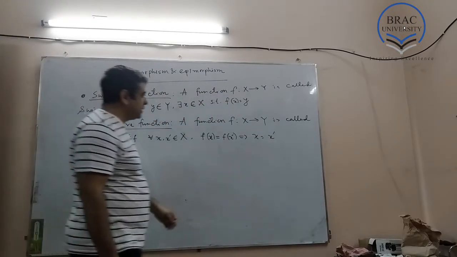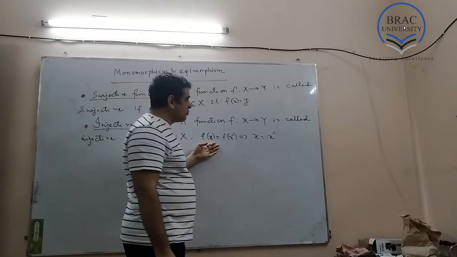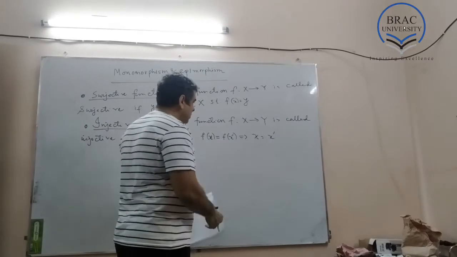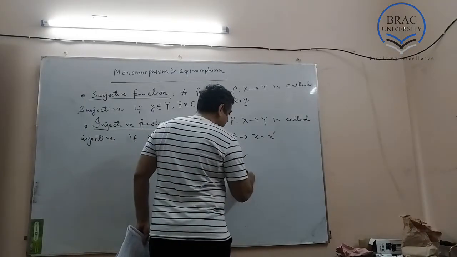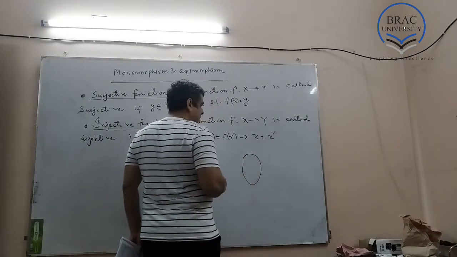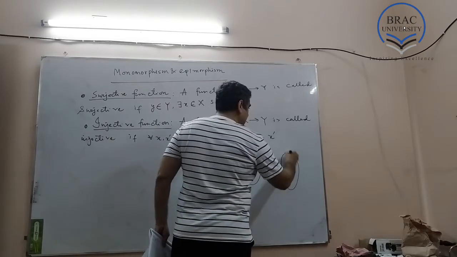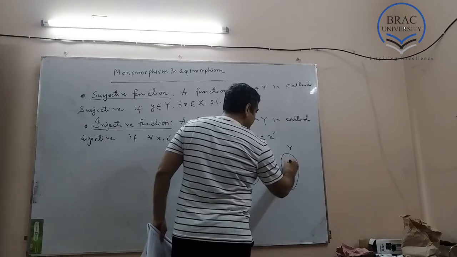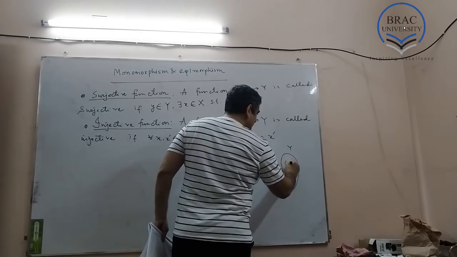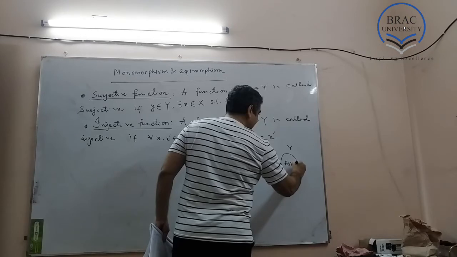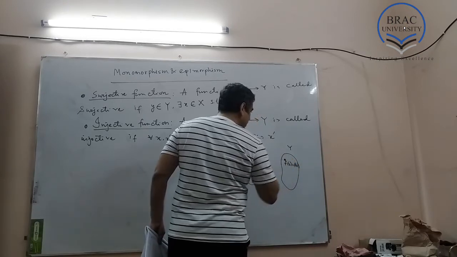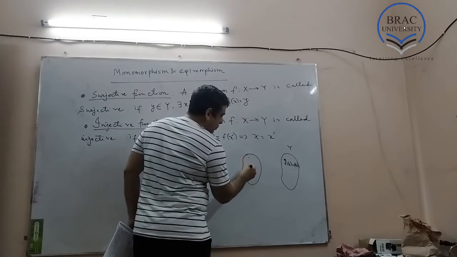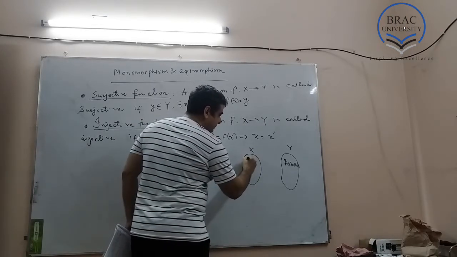Let me elaborate a little more on this notation, on the statement to be more precise. It tells you that in the Y set, or in the codomain, if you have f of x equal to f of x prime, meaning that you have only one point here, then they cannot correspond to two different points in the domain.